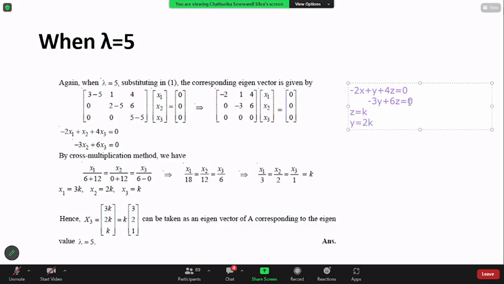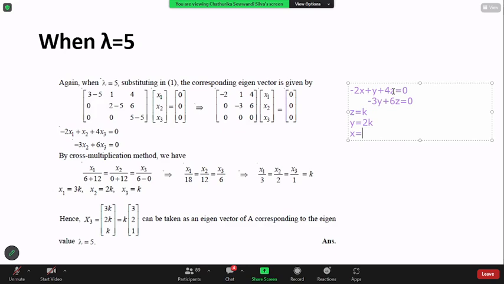What you need to do is just substitute here. Substitute K in the place of Z. So right. So then if Z is equal K and Y is equal to 2K, then what is X? You need to substitute for the first equation.